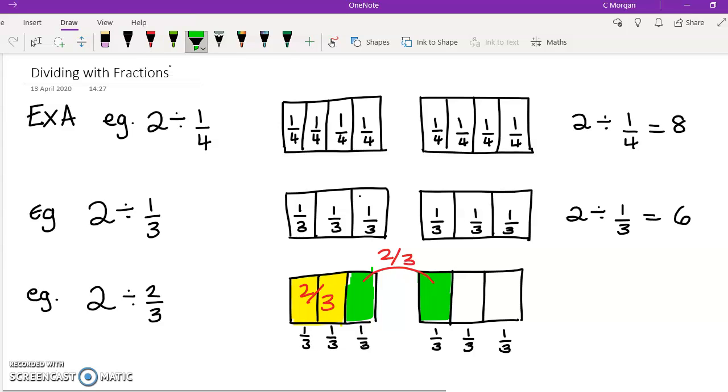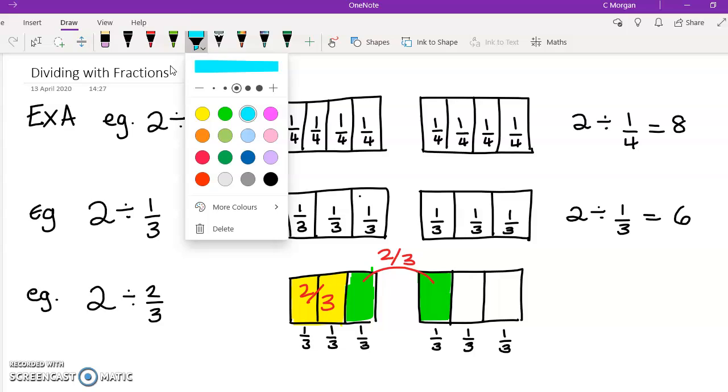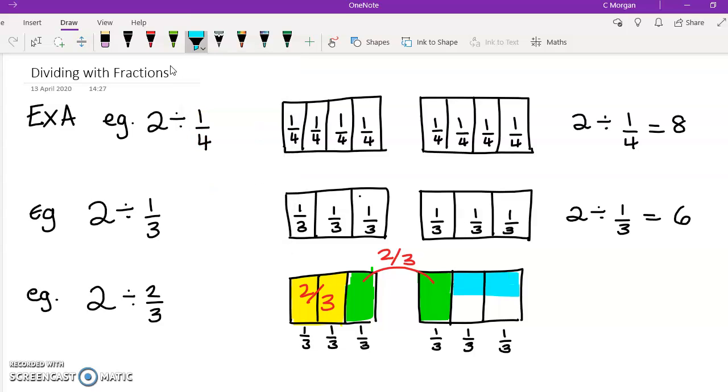And I'm going to grab a different highlighter, and I'm going to highlight the last lot of 2/3 that I have. And again, I'm going to label my 2/3 with my red pen, so I have 2/3 there. Now I think it's much clearer to see that if we have 2 wholes divided by 2/3, the answer is 3. There are 3 lots of 2/3 in 2 wholes.